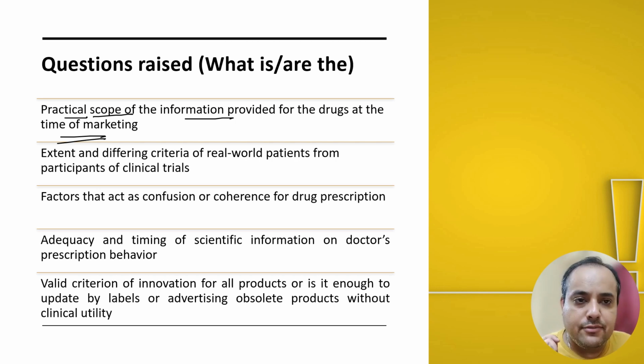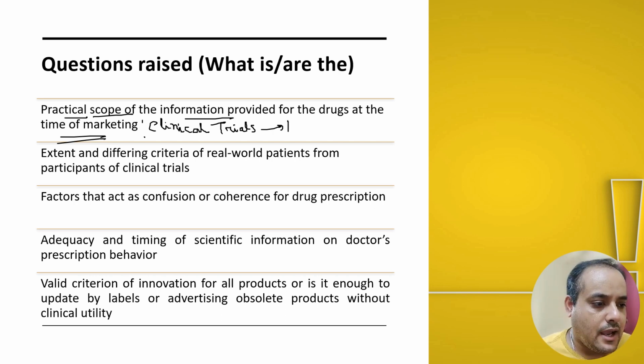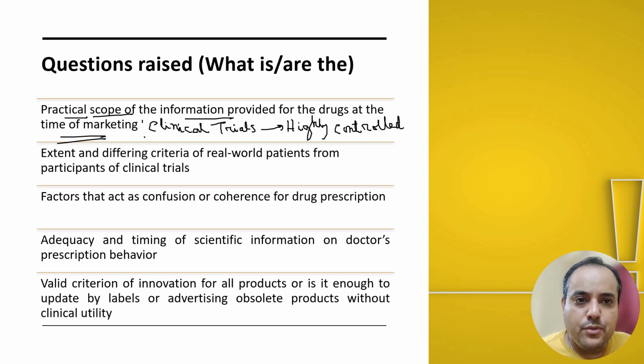Because whatever information has been provided for the drug at the time of marketing, we generate from the clinical trials. But the conditions of the clinical trials are highly controlled. So we have to understand now the practicality of the information that has been provided.